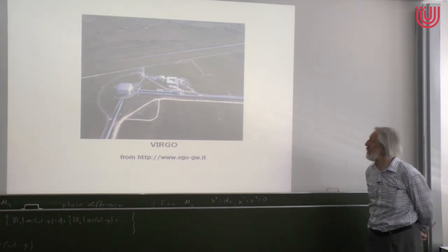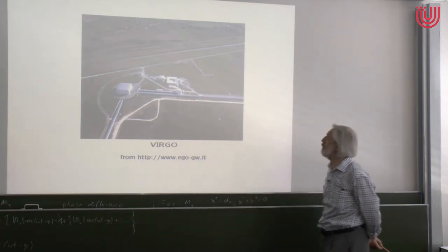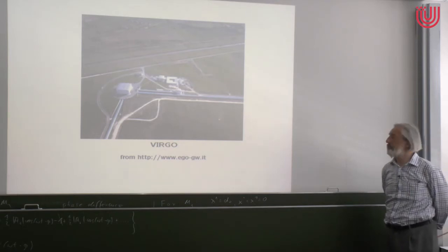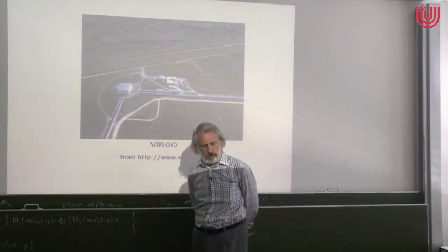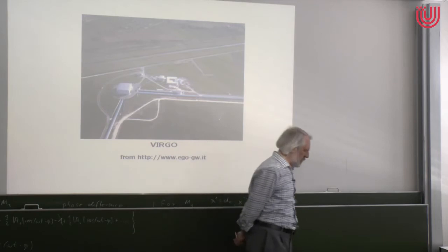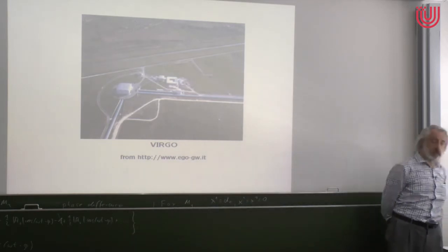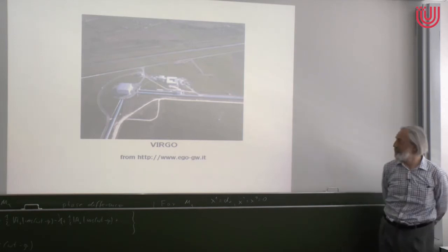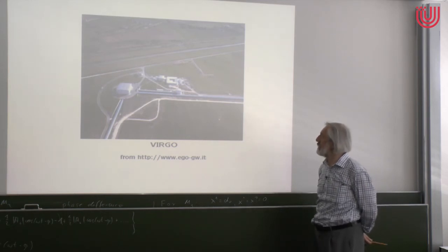This is something which will come up probably soon, and then GEO 600 will undergo an upgrade. GEO 600 was in operation during the time when the bigger ones were upgraded. It's then supposed to be called GEO HF. Don't ask me what HF stands for, but it will be an upgraded version of GEO 600.